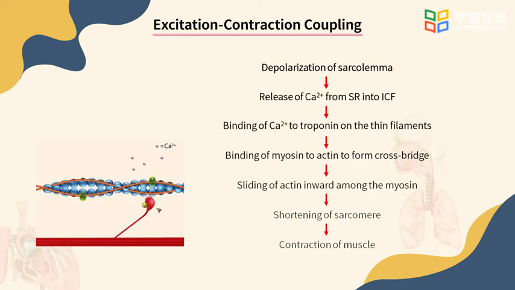When all of the sarcomeres in the muscle fiber shorten, the entire muscle fiber contracts. The potassium ions leave the cell, restoring a positive charge outside and a negative charge inside, and the sarcolemma repolarizes. And then cholinesterase in the sarcolemma inactivates acetylcholine.